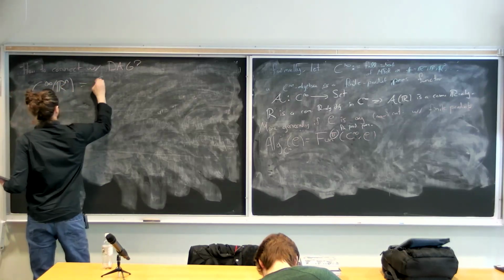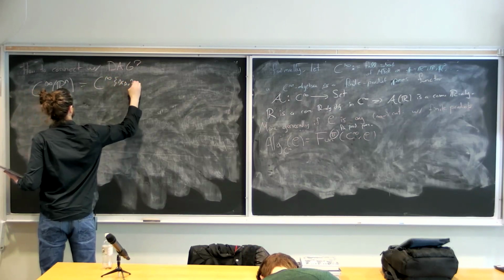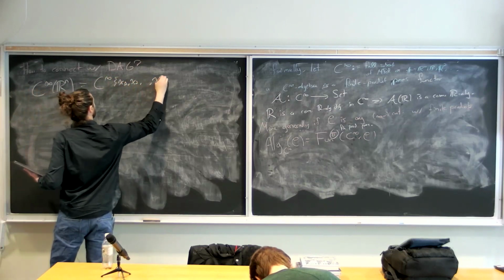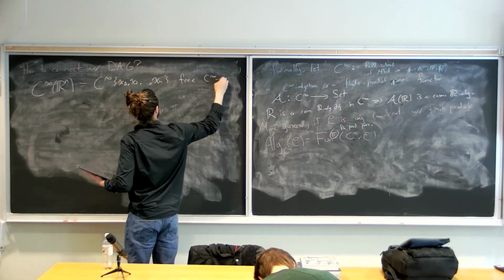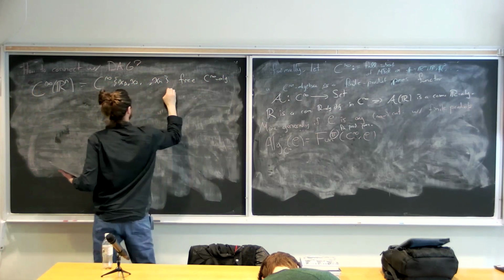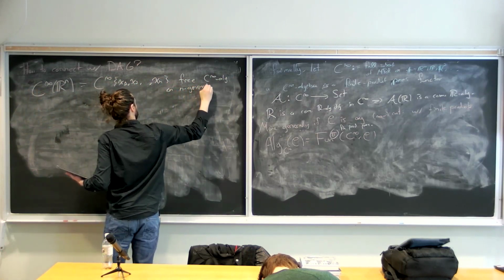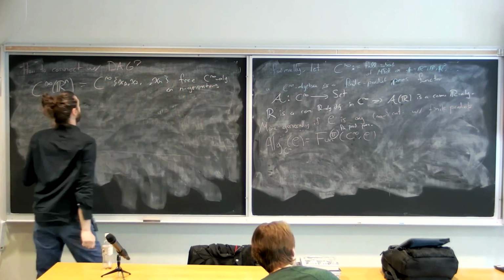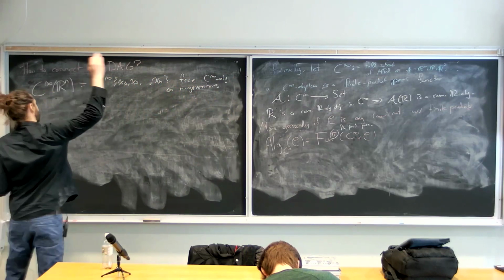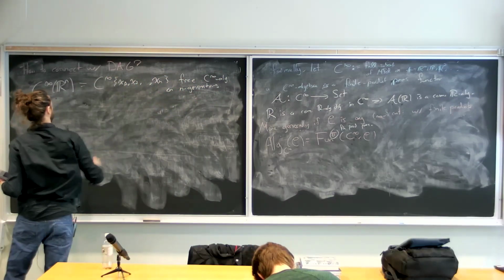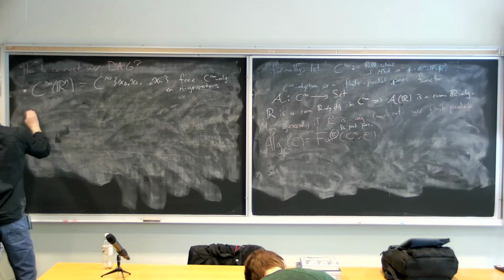I like to write it like this: the free C infinity algebra on n generators. This is pretty nice. A map from it into another C infinity algebra is the same as picking out n elements.